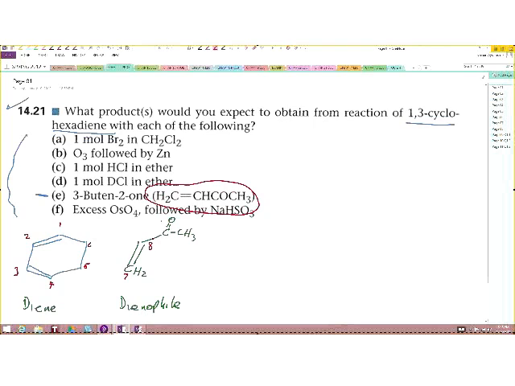Okay? According to the Diels-Alder reaction, we are going to form a 6-member ring. Can anybody tell me which carbons of the diene will be attached to which carbon of the dienophile? 1 and 8? Very good. So you say we are going to have this.